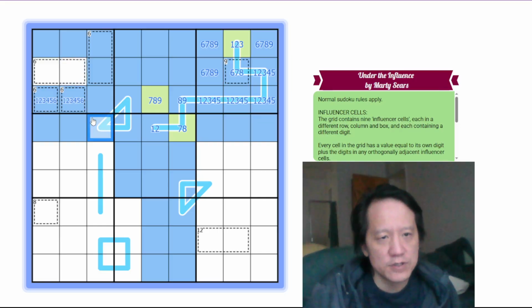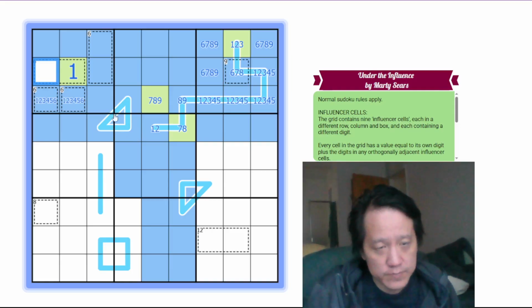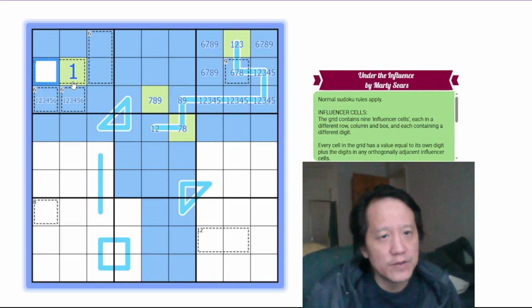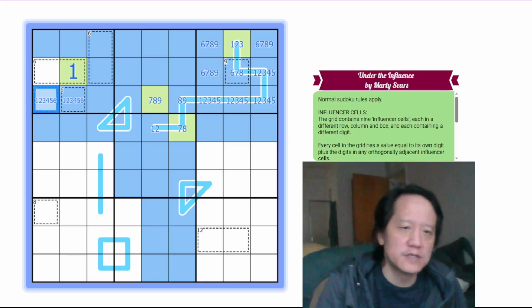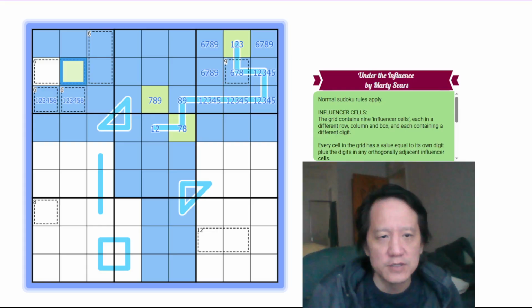Oh, that's interesting. So say we had the influencer here. That would be at minimum 1, right? Therefore, this would have to be a 6 in that case. We know the 6 has to be one of these two digits, right? Because both of them cannot be next to the influencer.